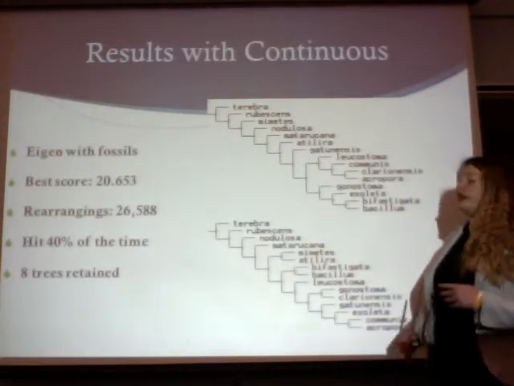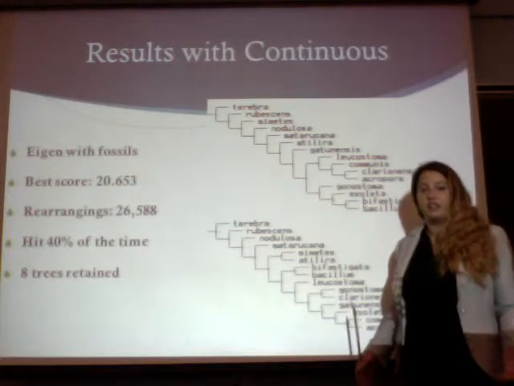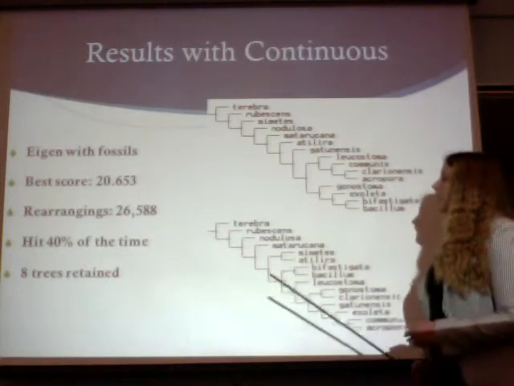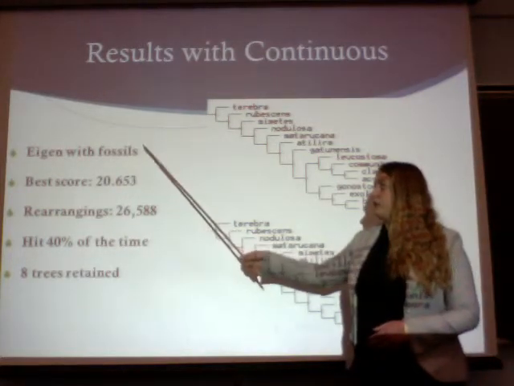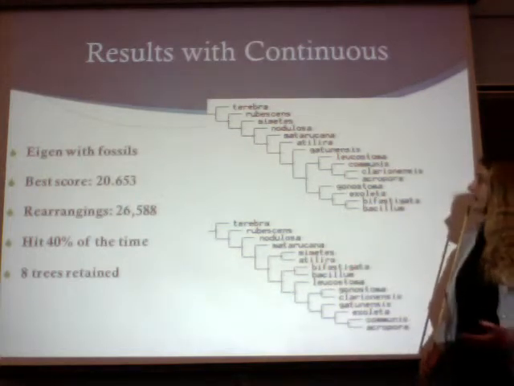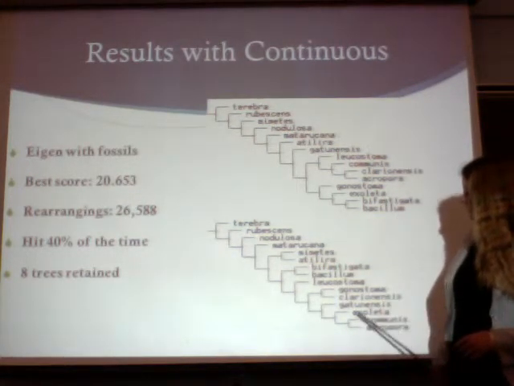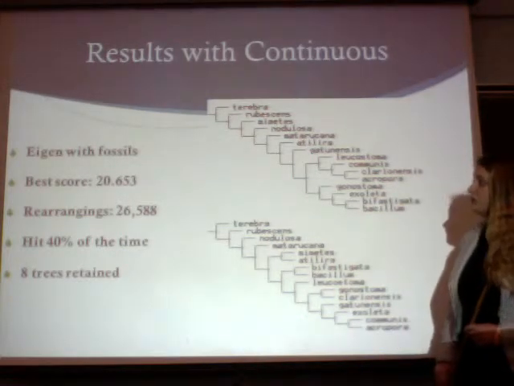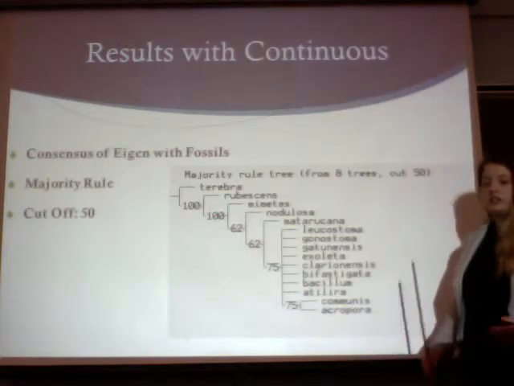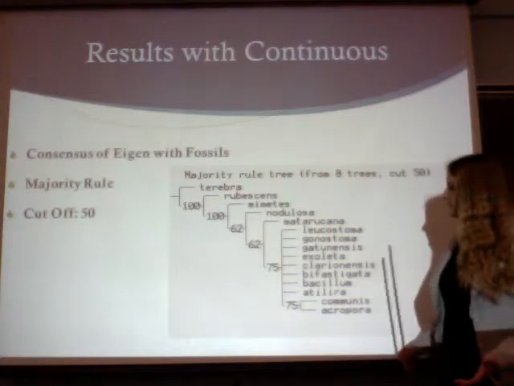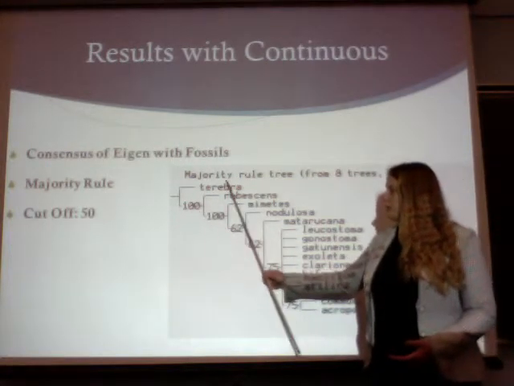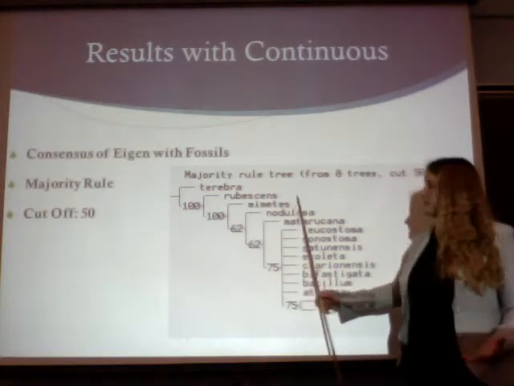Next, I needed to analyze the continuous data set. So I did the eigenshape analysis data with the fossils, so all 15 taxa, and that generated about 8 trees, all totally resolved. So again, I took a consensus tree of that data, and Turritella, my outgroup, but this time rubescens fell out.